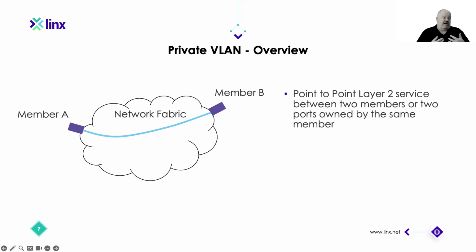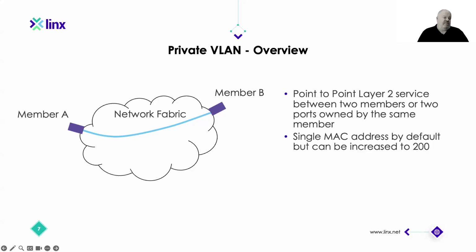But especially between sites on our peering LANs, and all of the peering LANs where this is available are multi-site, some larger, some smaller, if you have equipment of your own in different sites, you can use Private VLAN to create yourself a direct point-to-point connection between your ports across the network, or to any other member that wants it.